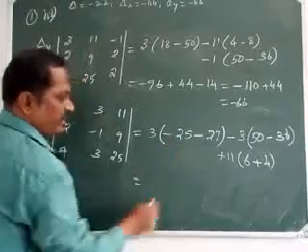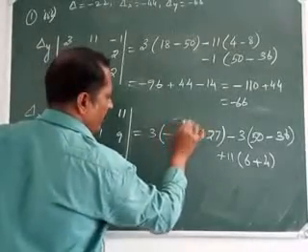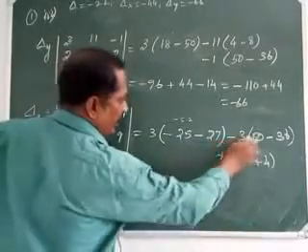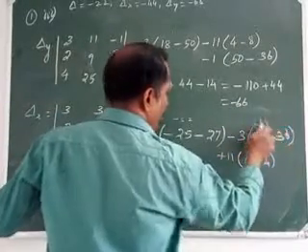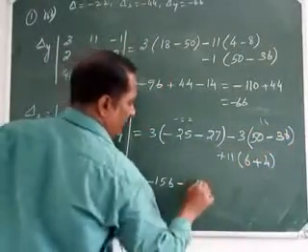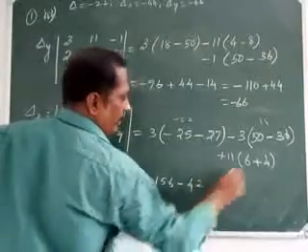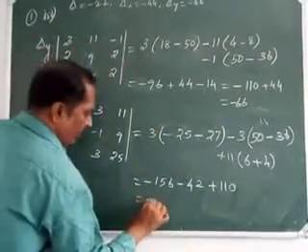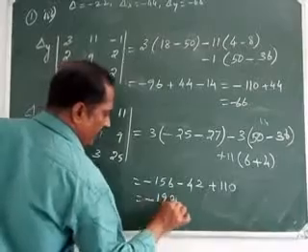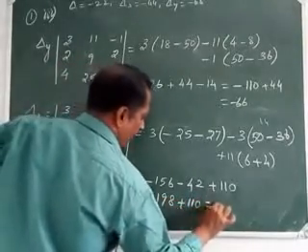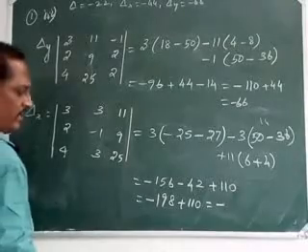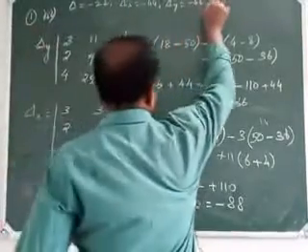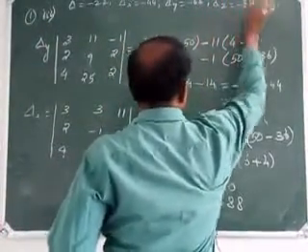Okay, minus 25 minus 27 is minus 52 into 3 is minus 156, and then 50 minus 36 is 14 into minus 3 is minus 42, plus 110, so minus 198 plus 110, which is equal to minus 88. So delta z is minus 88.